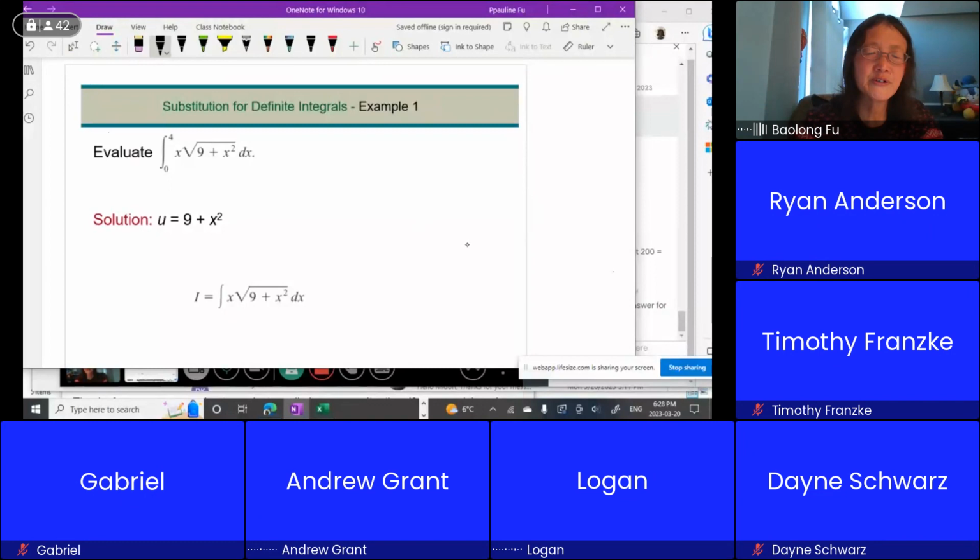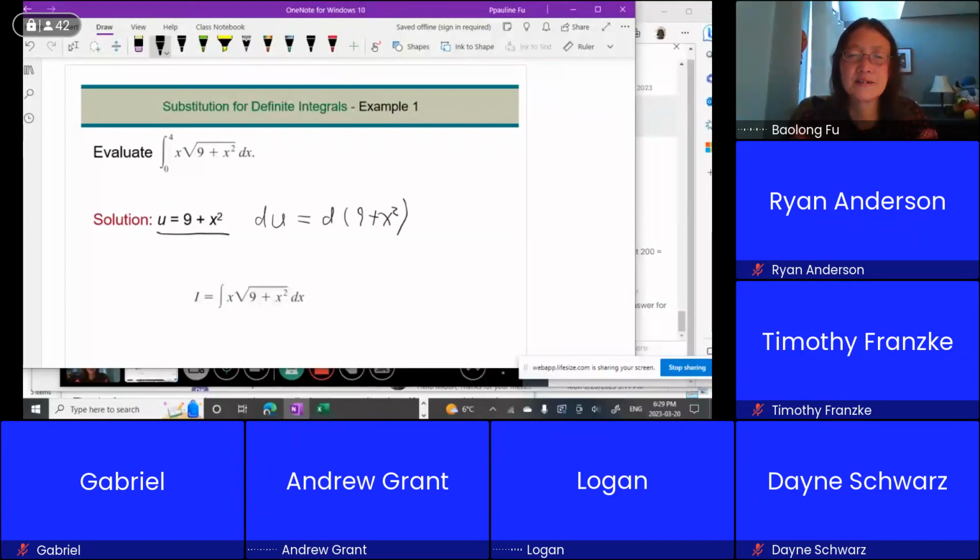So we usually use the u substitution. We let u equal to 9 plus x squared. Both sides I take d. Left hand side du, right hand side d. D means derivative.